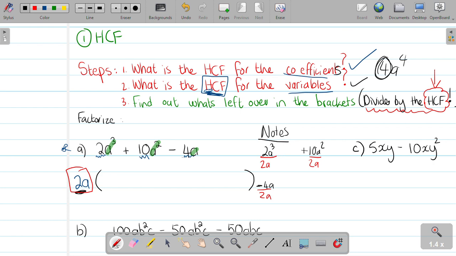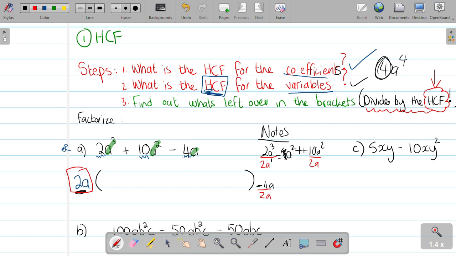So once we have taken each term and divided it by the HCF, you just do that little sum on the side, and you get your answer. So the first term was 2a cubed divided by 2a. Let's do that together. 2 divided by 2 is 1. And then a cubed divided by a to the imaginary 1, you'll be left with a squared. Remember, you don't need to write the 1 there, it's imaginary.